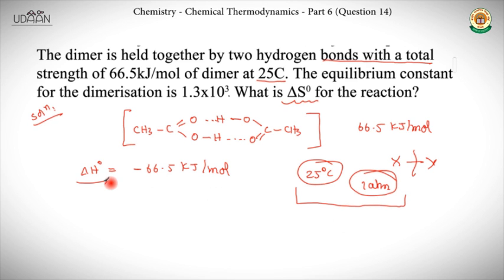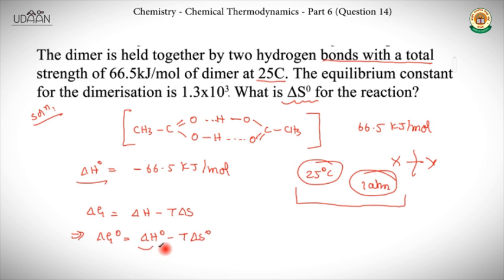What is the only relation that we know between delta H and delta S? Let's start from it. We know from Gibbs free energy, delta G equals delta H minus T delta S. We need to calculate at standard conditions, so delta G naught equals delta H naught minus T delta S naught.